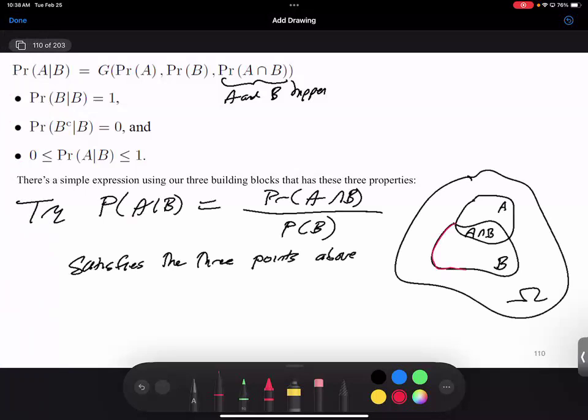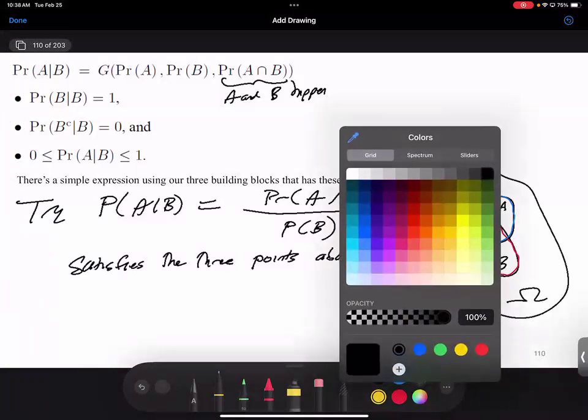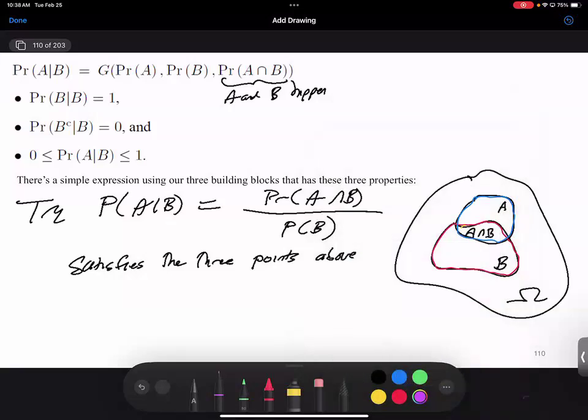So here is B. And now we want to look at some event A. And so we want to look at what is the probability that A happens given that B happens. Well, the part of A that can happen when B happens, what do blue and red make? Purple. So we have this purple region in here, A intersect B.